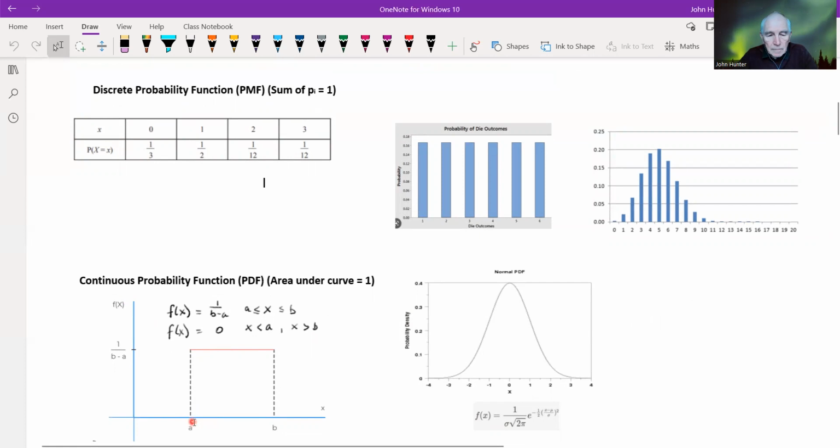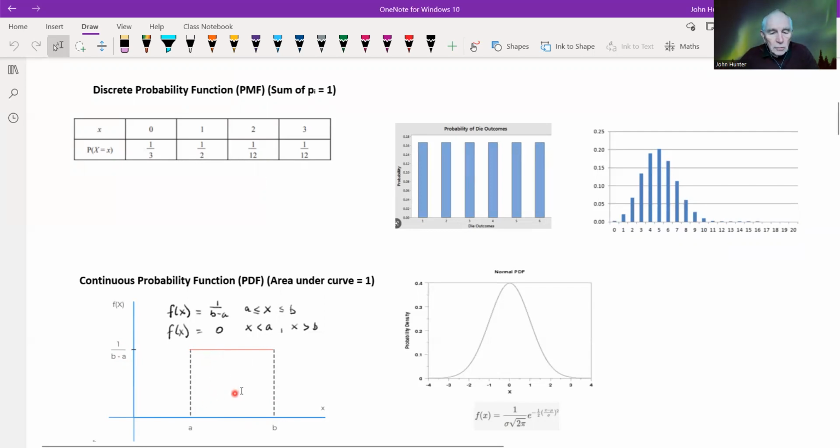So here we've got a function which has the value 1 over b minus a between a and b. The point there is that the total area under the curve, a straight line, a curve of a sort.